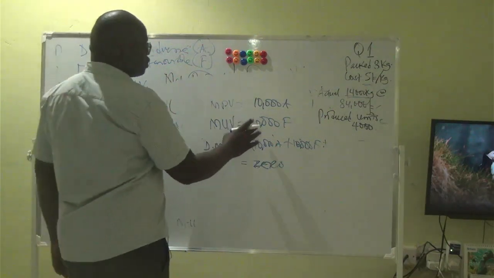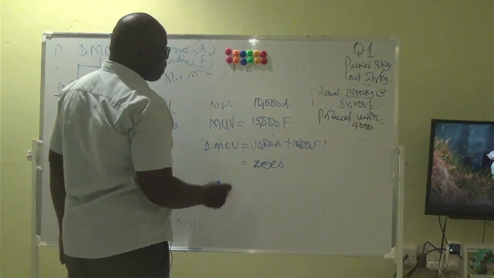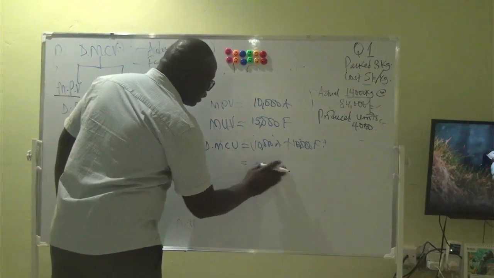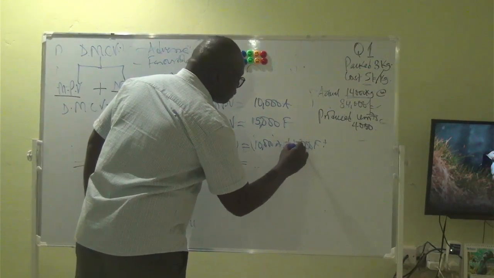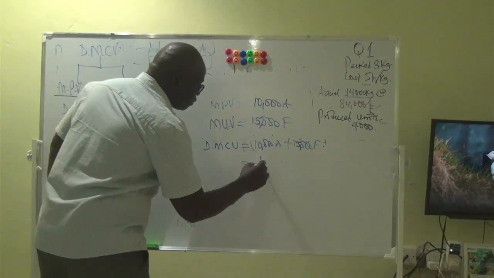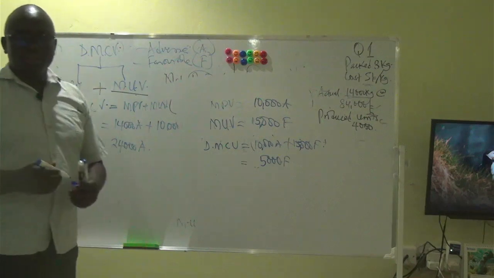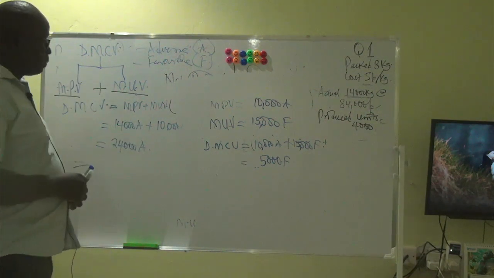If, assuming, this was 15,000 favorable and 10,000 adverse, then it would be a negative adverse and a 15,000 favorable. So that would give us a difference of 5,000, and that 5,000 would be favorable.